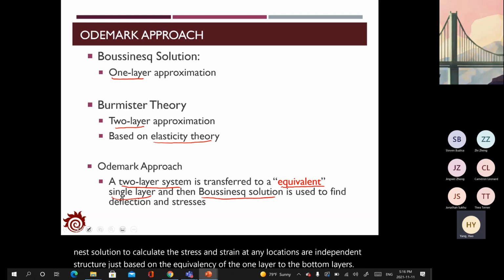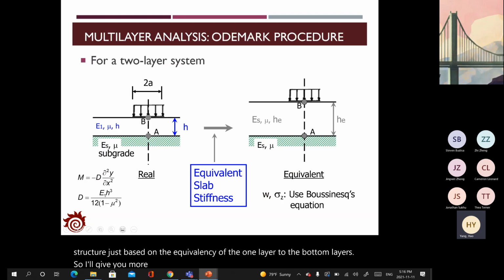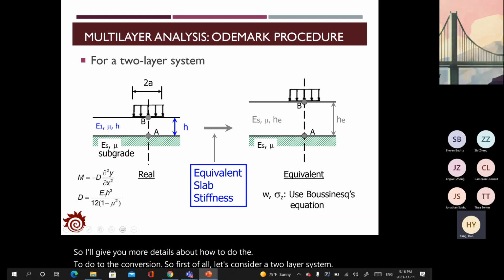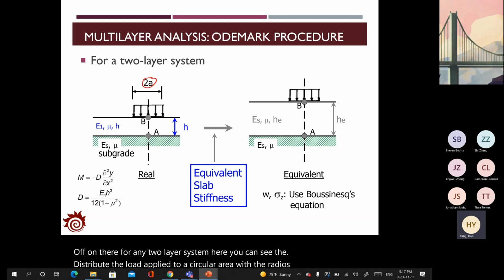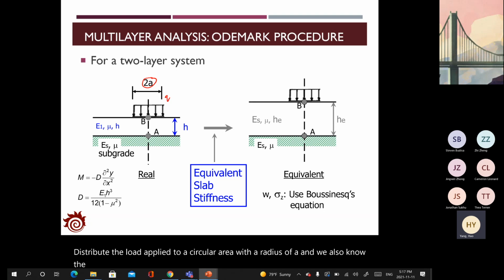So I'll give you more details about how to do the equivalency, the conversion. First of all, let's consider a two-layer system. Here you can see the load applied to a circular area with a radius of A, and we also know the stress applied.